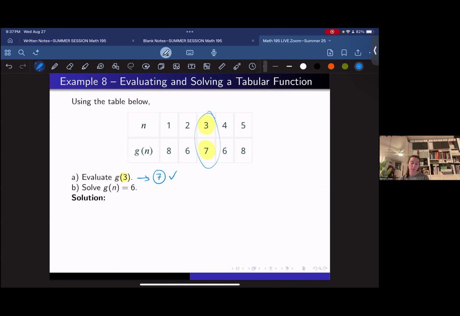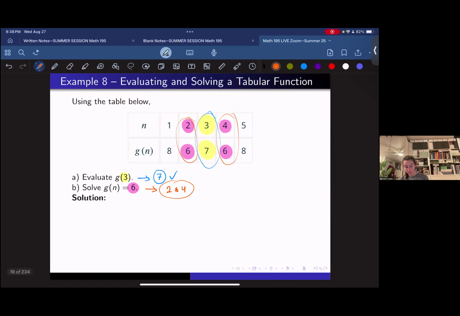Whereas in our part B, we're now given the output value of 6, and we want to figure out, okay, when our output is 6, what is our input? We have two possible solutions here. We have 2 and we have 4. So our two solutions are 2 and 4. And we're done.